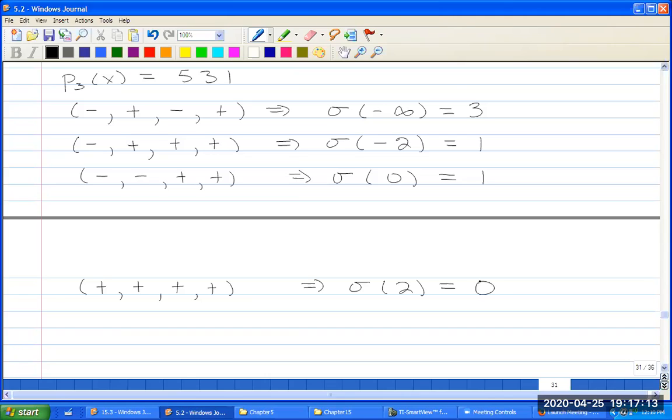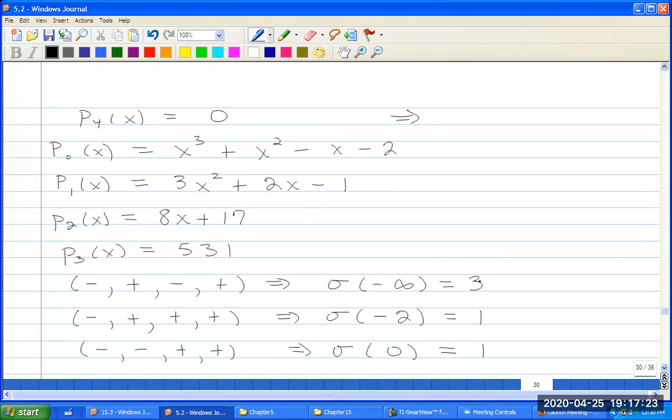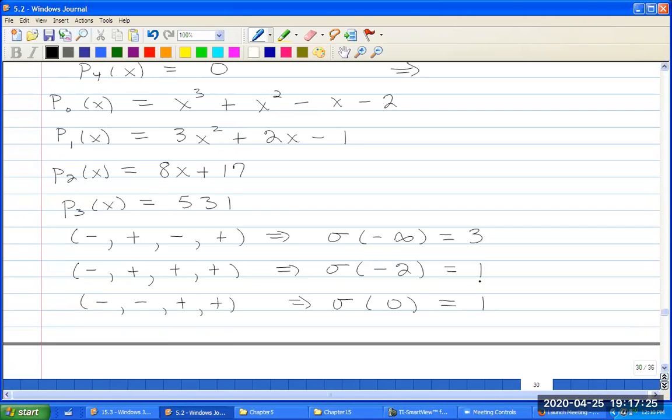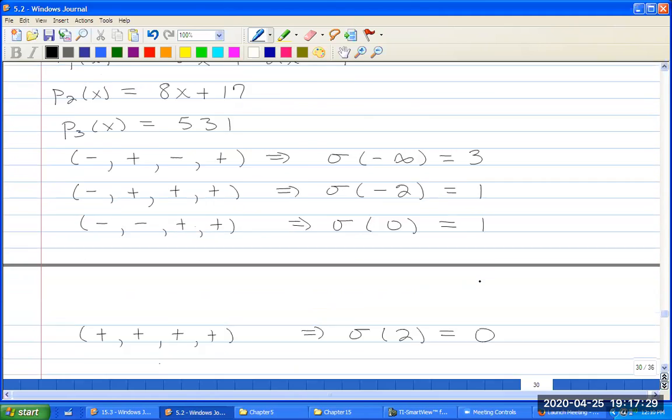No sign changes, so there's a root between 0 and 2. Is there going to be anything else? There possibly might not be any more. These are all positives.